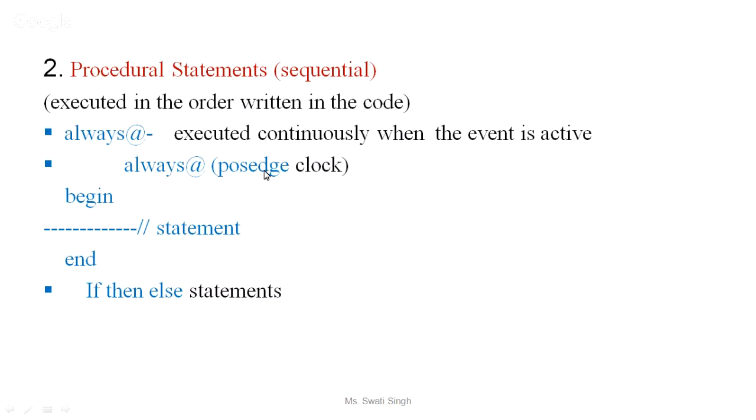Always at the rate positive edge clock means when your clock goes to positive edge, it will begin. And the statements which you write after begin will be executed, then end of this begin. If and else statements also come under these sequential statements.